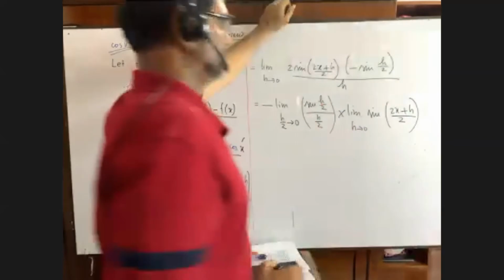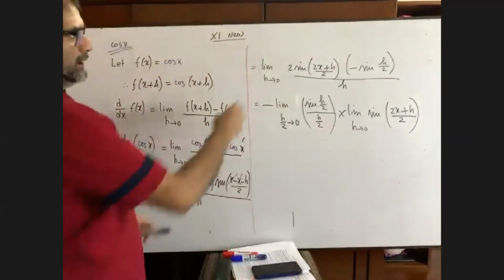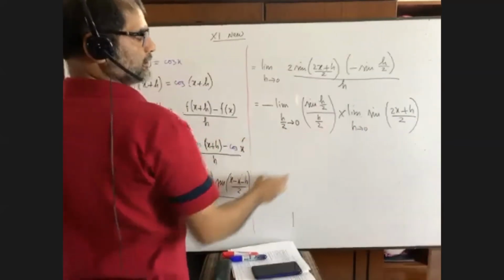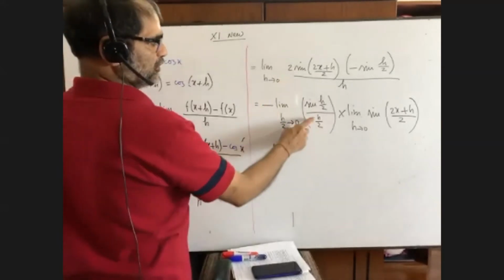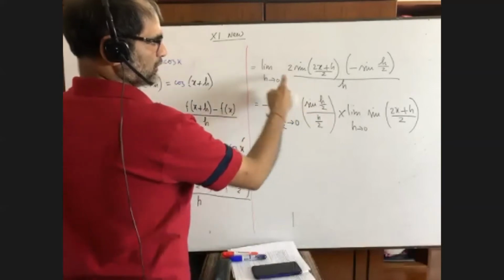You see, this 2 is here. If it is multiplied, then it will be inversed. So then 2 will be in the numerator.